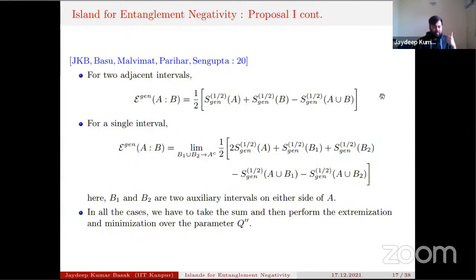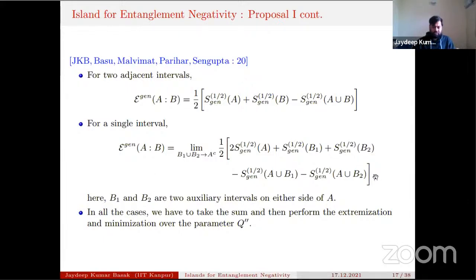Now, having the disjoint case result, we can take C to be very, very small, and we can come to this result where we have the generalized negativity for two disjoint intervals. Now, for a single interval as well, we can again take B1 and B2 to be two auxiliary intervals on either side of A, and finally taking this precise bipartite limit, we can have this answer.